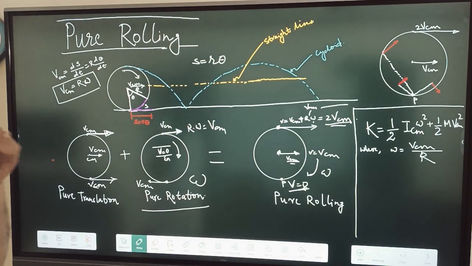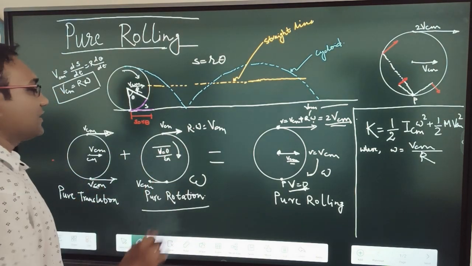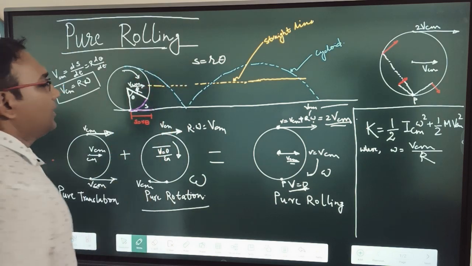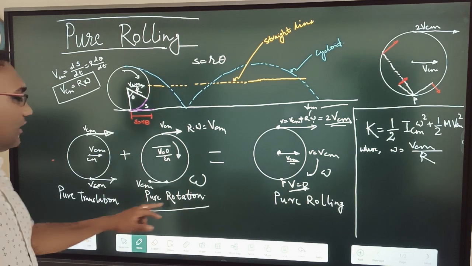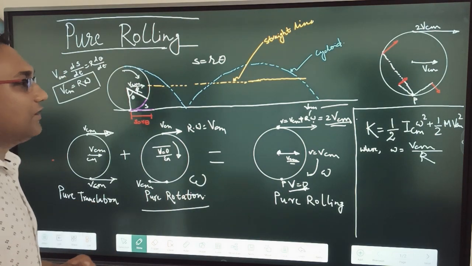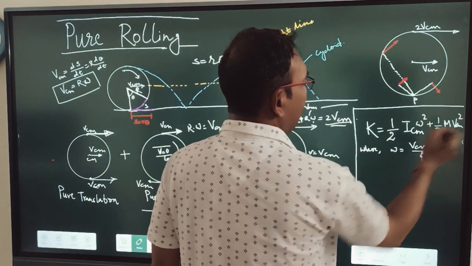Now, if somebody asks what is the total kinetic energy of this disc in pure rolling: when it's in pure rolling, it has two motions, translation and rotation. Due to translation, it will have the kinetic energy half m v square cm.